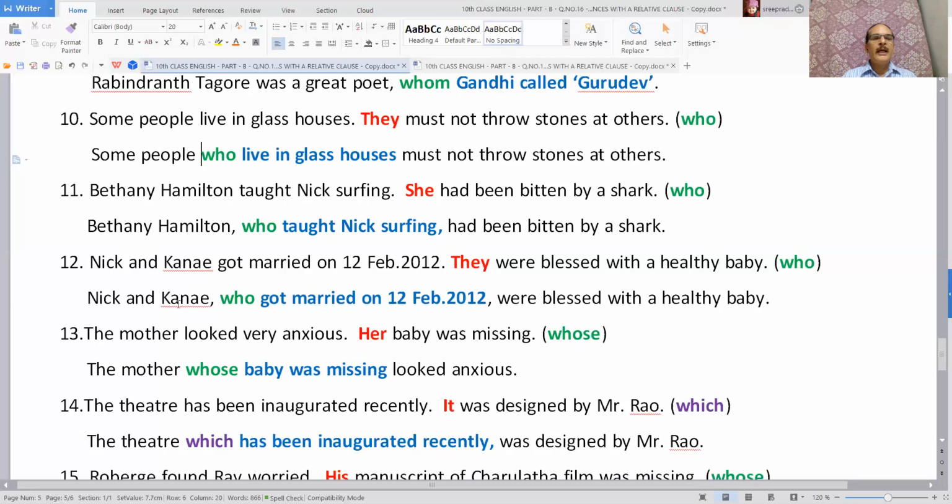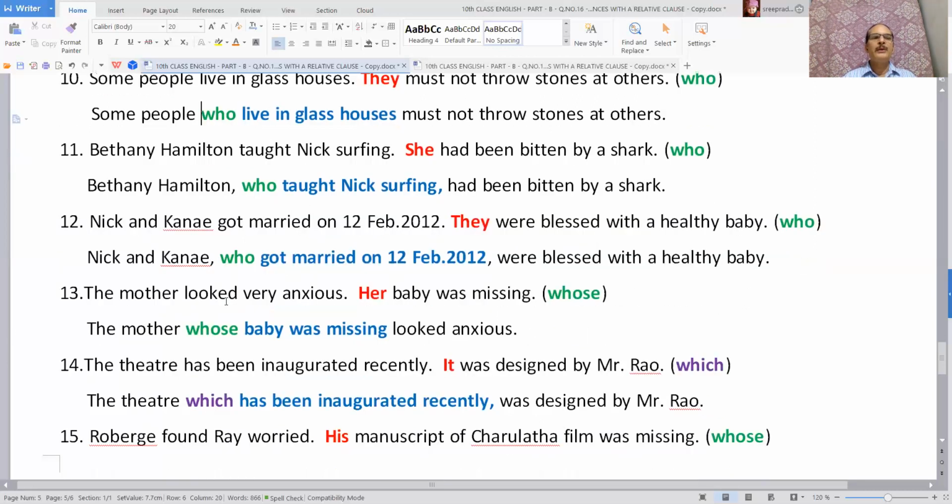That's why after Nick and Kane, put a comma, in place of they, you can write who, and write the remaining part. Who got married on 12th February 2012, were blessed with a healthy baby. So Nick and Kane, who got married on 12th February 2012, were blessed with a healthy baby. Here we have used a non-defining relative clause.